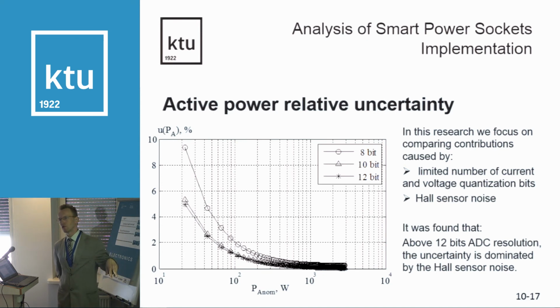I will later show our verification with the reference instrument, but in this step of investigation we are mainly interested in two sources of errors: the limited number of bits sampling voltage and current, and the noise of the Hall sensor in the current measurement circuit.